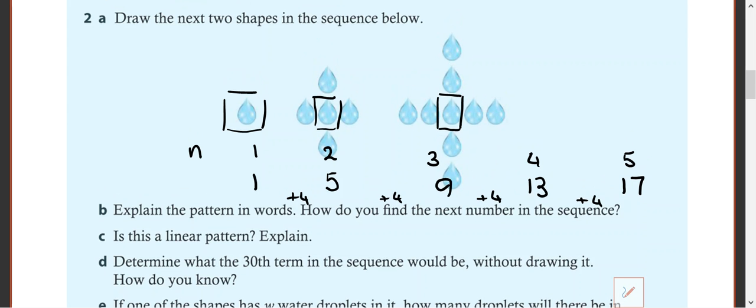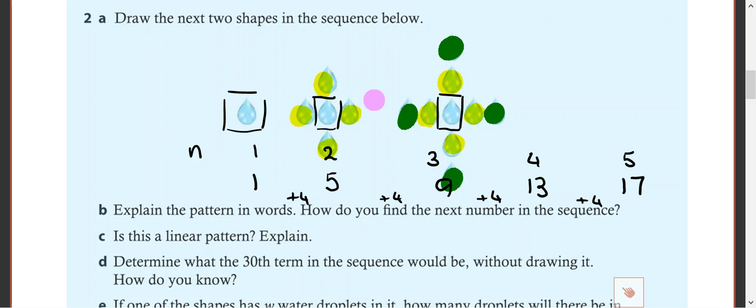This one, if I highlight, it's 1, 2, 3, 4. But on this third one, it's another set of 4. So this one has 2 lots of 4 plus 1 in the middle, the core.